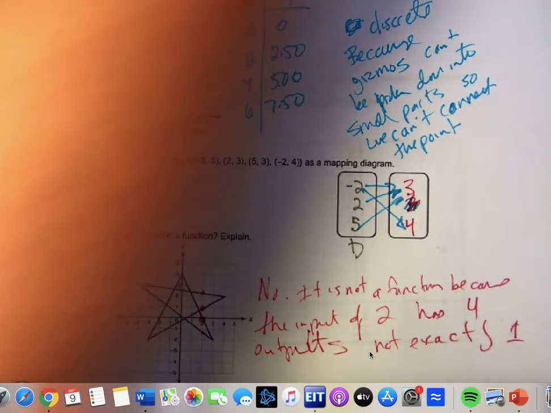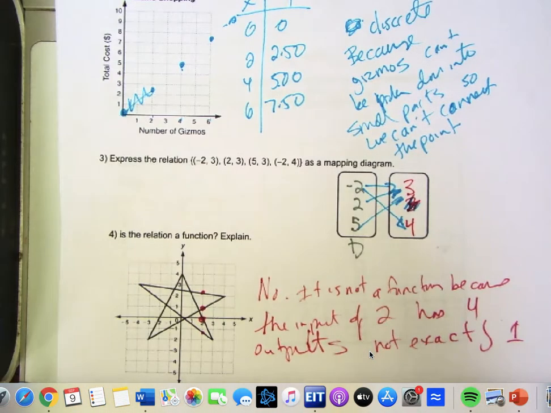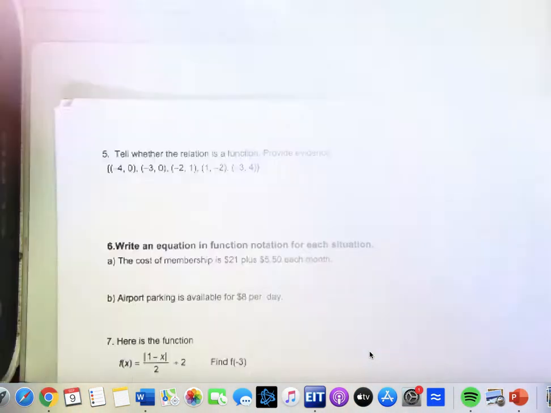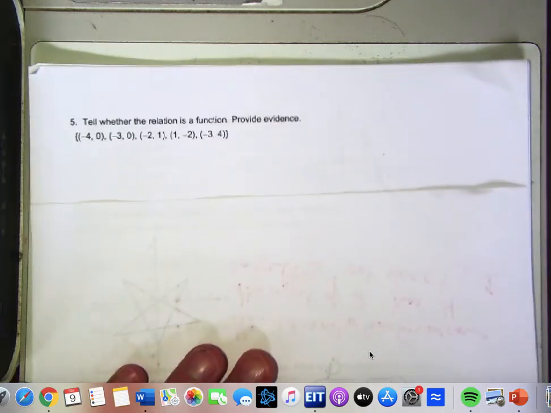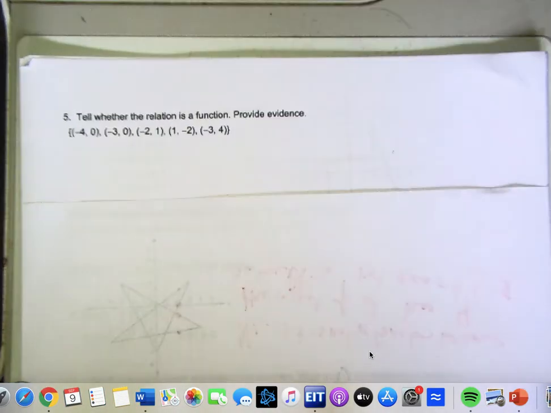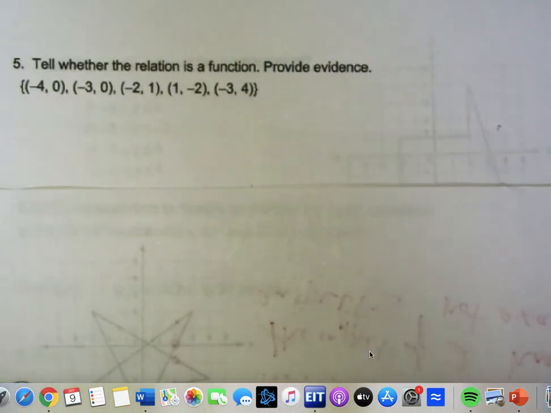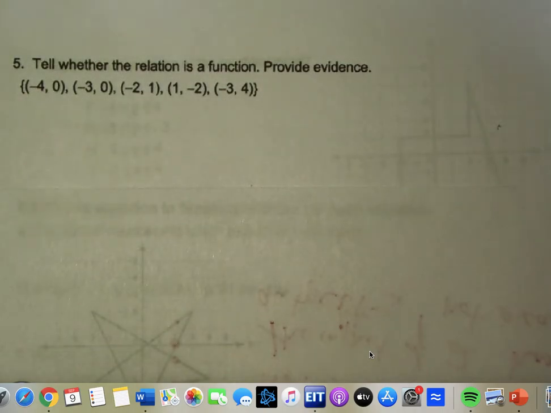Zooming is acting weird. Markers here. Okay. So number 5. Here I go. Tell whether the relation is a function. Provide evidence. Okay.